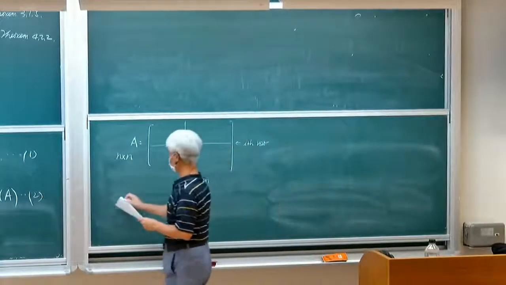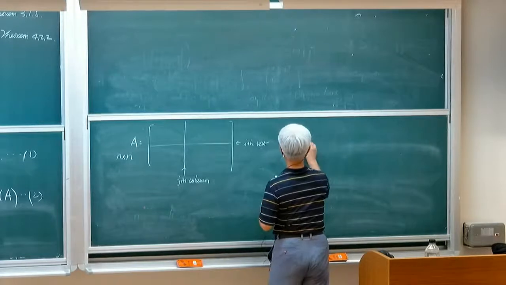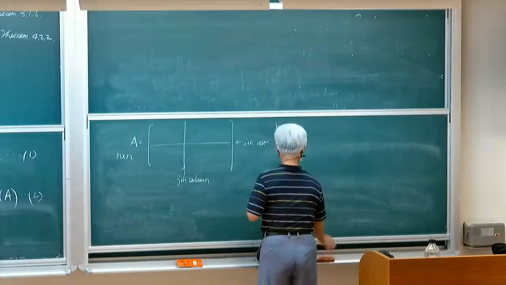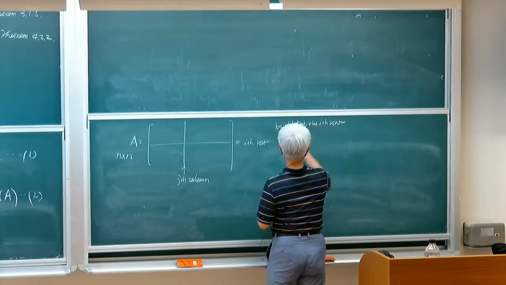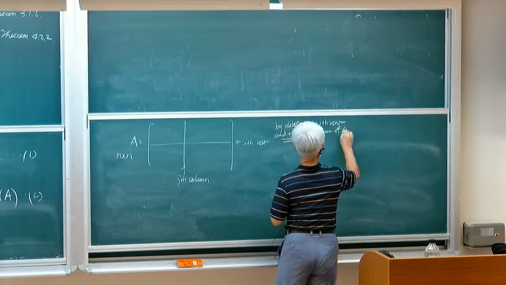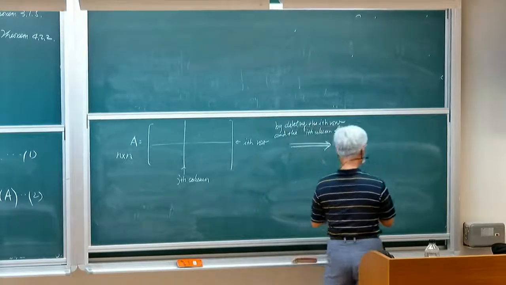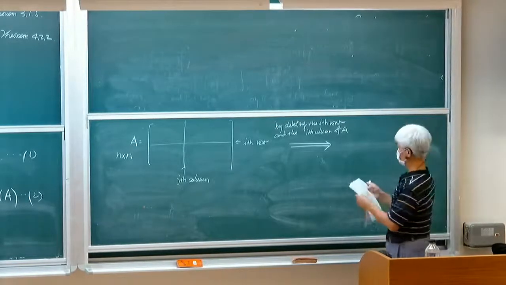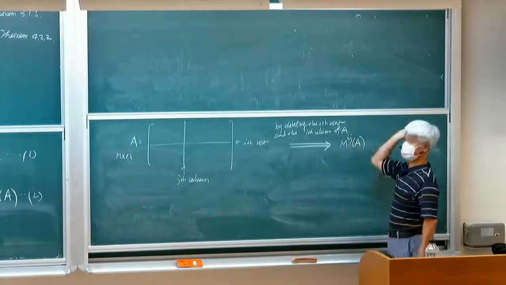So by deleting the ith row and the jth column of A, we obtain an n-1 times n-1 matrix, and we call it Mij.